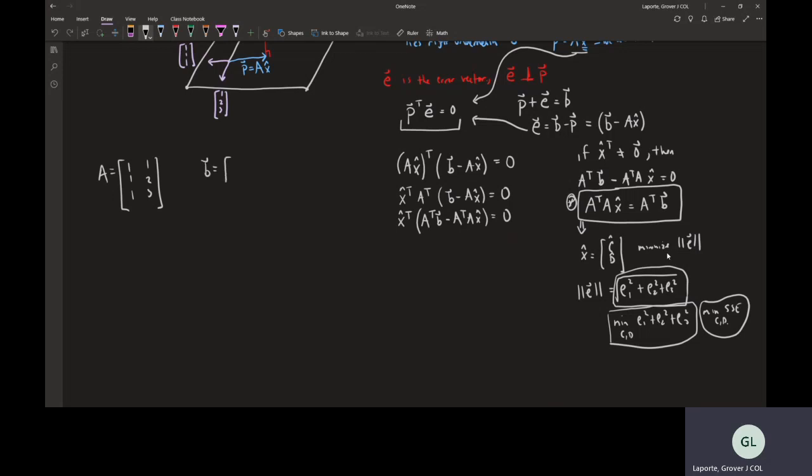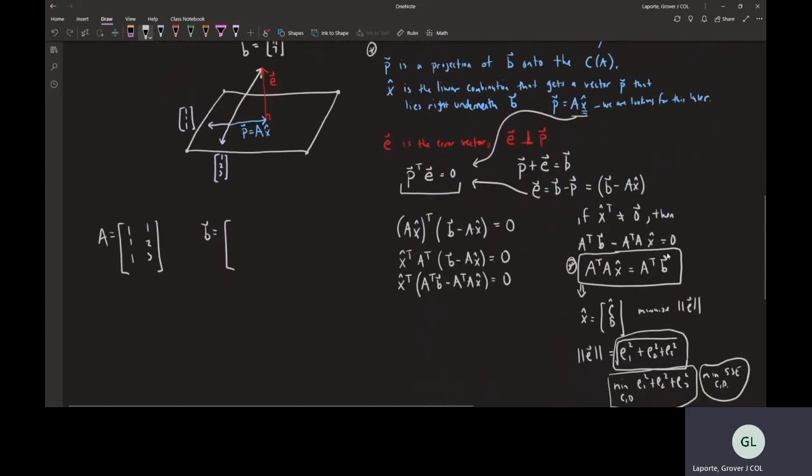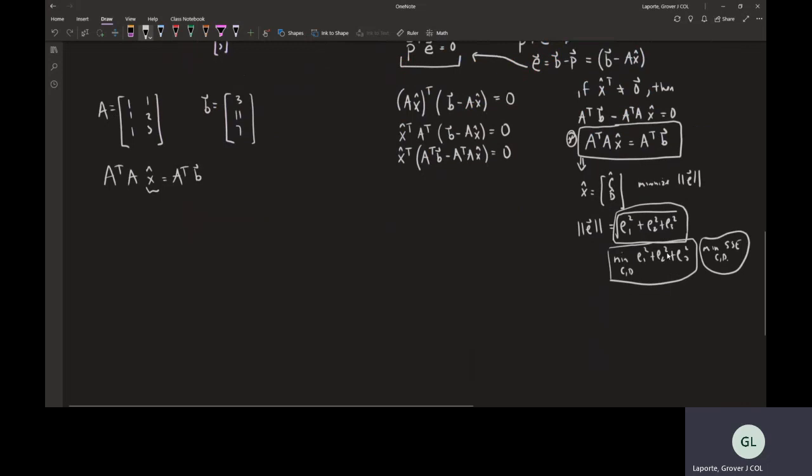B was the vector 3, 11, 7. So we need A transpose A. Remember what we're doing here: A transpose A, X hat, that's what we're looking for. We don't know that. And then I'm doing A transpose B. So we're going to do elimination. We're going to do this all by hand. Hopefully I made this thing easy enough for us to do it.